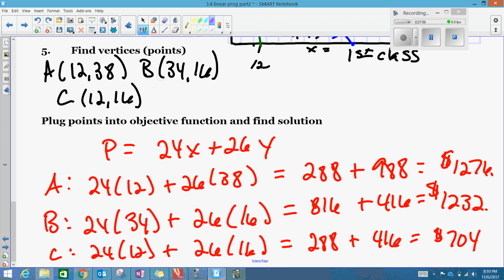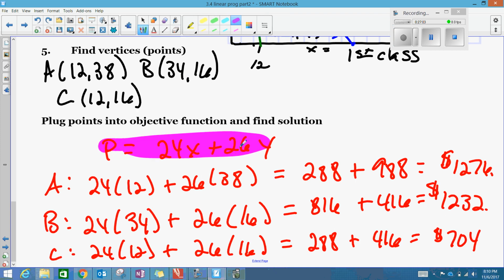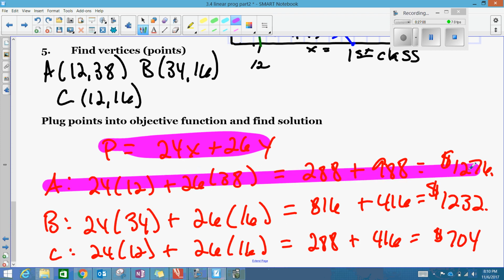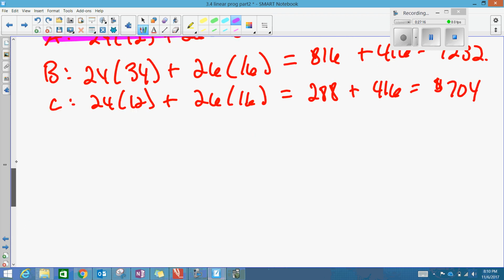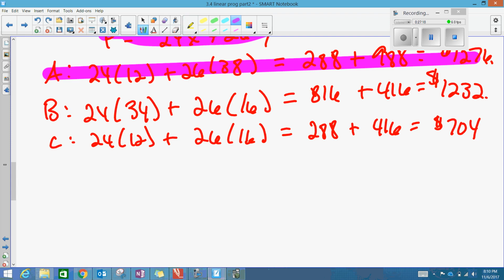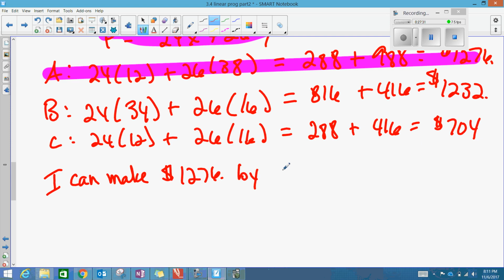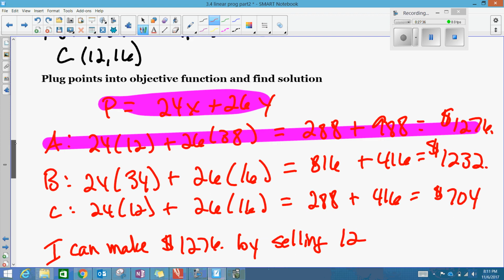So now, into our objective function, again, I'm trying to maximize profit. The highest profit is going to be A. So again, my final answer would be I would make the most money, so I'll say $1,276 by selling 12, I think that's first class.